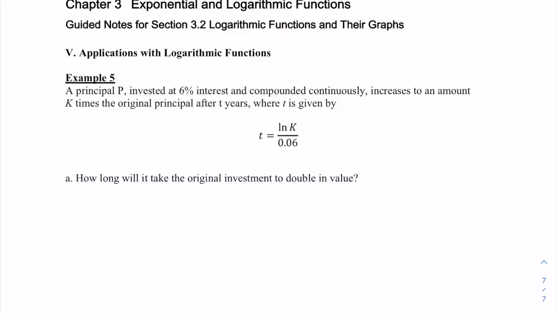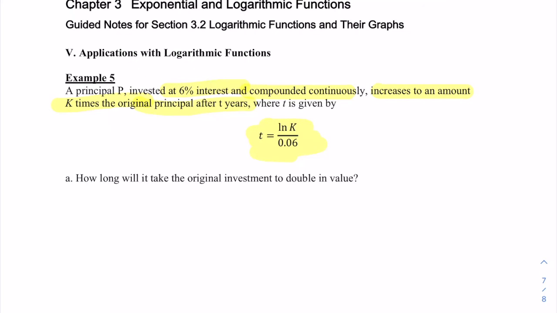For our final example, we're going to look at applications of logarithmic functions. So when we covered exponential functions, we talked about compounding continuously. So this function will actually give us the time if we want to see how long it will take for an amount to increase k times the principal amount after t years with a rate of 6%.